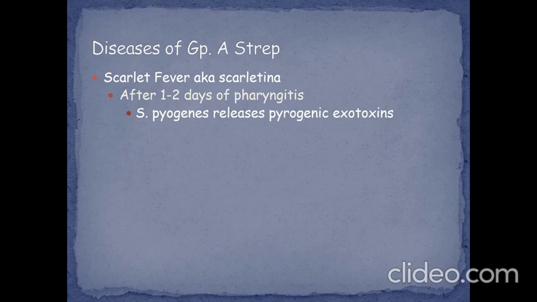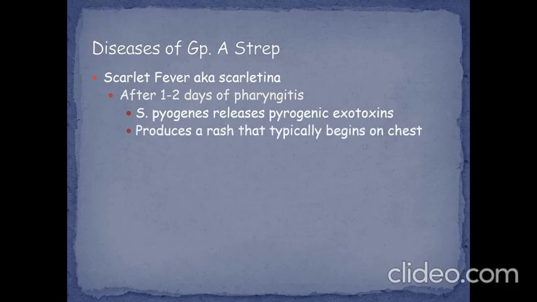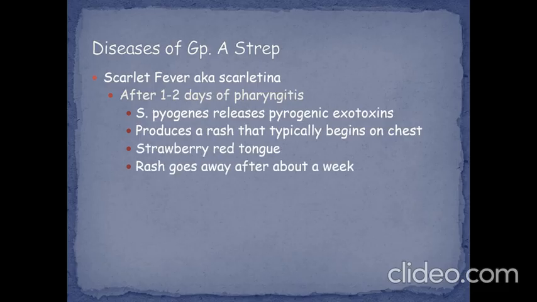We talked about those pyrogenic exotoxins before and the way they can induce fever and some of these other things. When it does this, it produces a rash, and this rash will typically begin on the chest. The rash will go away after about a week, so it can last a little bit of time. It will spread quickly across the body, and it'll cause a sloughing off of the skin.